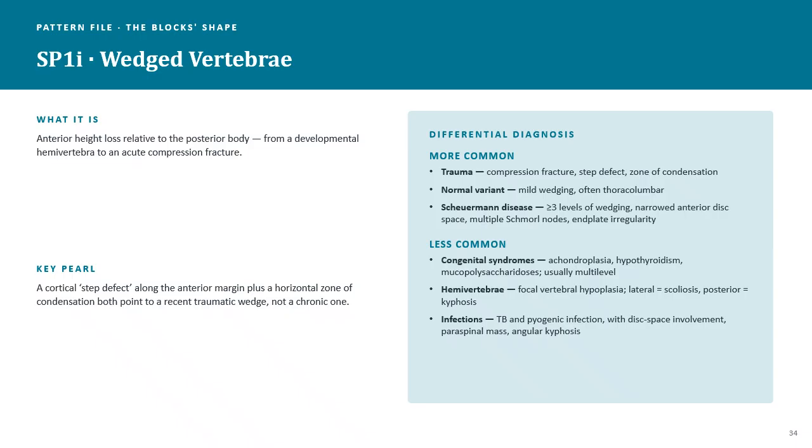Another cause of a wedge vertebrae is Scheuermann's disease. Instead of one vertebrae being wedged from an injury, we typically see that three or more vertebrae are wedged together. We can also see narrow disc spaces and multiple Schmorl's nodes, which we talked about earlier.